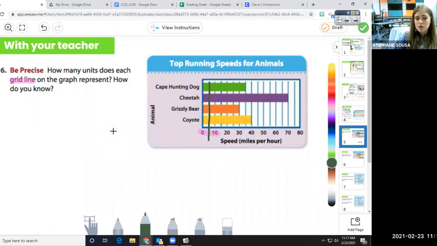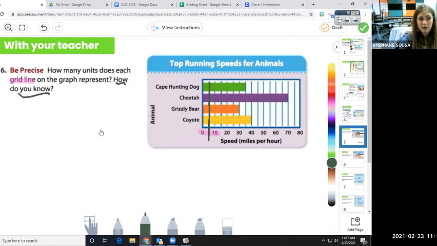So the grid lines represent half of 10. Show me with your fingers, what is half of 10? Christopher is quick with it today. I can see your fingers. 5 it is. So each grid line represents 5. How do you know? Because it's half of 10.